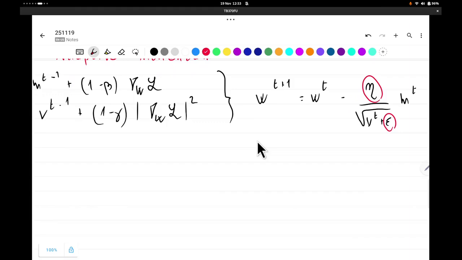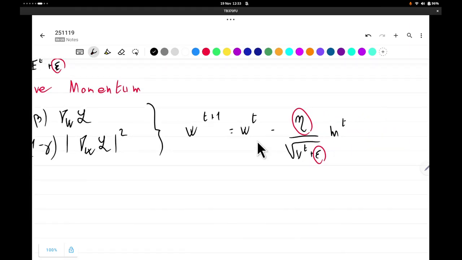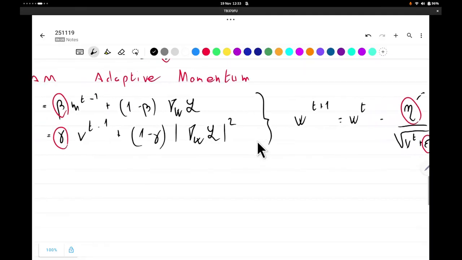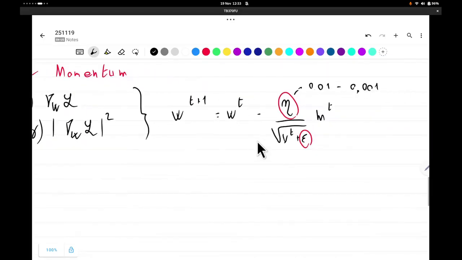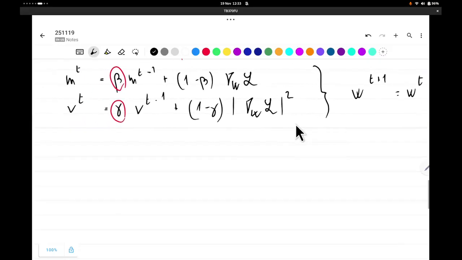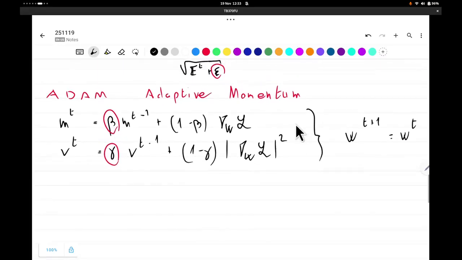Some typical starting value would be, say, maybe 0.1 or 0.001, something like that. It is already relatively small in general, and then it is further reduced, because every iteration it will be reduced by this term here.